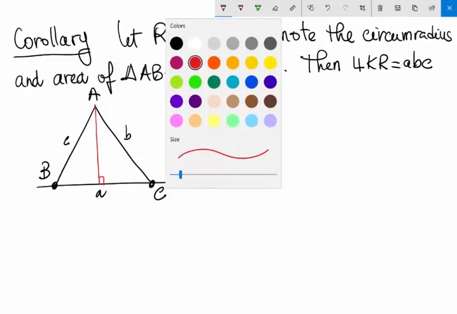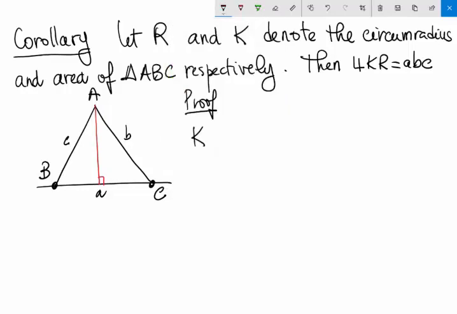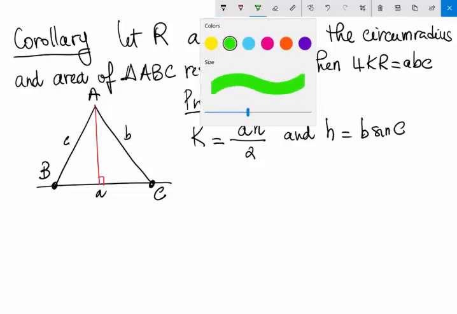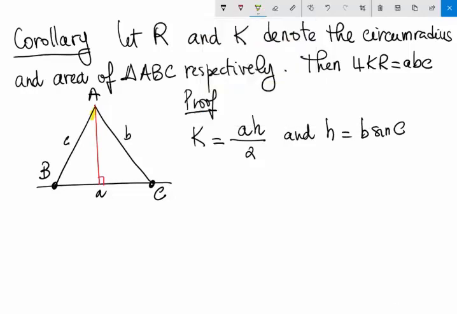Then we know that the area K of our triangle must be a, that's the base, times height over 2. And we know that the height here must be b sine of C. This is done by looking at the triangle ABX, this triangle in yellow.